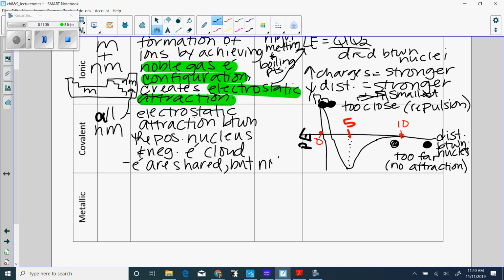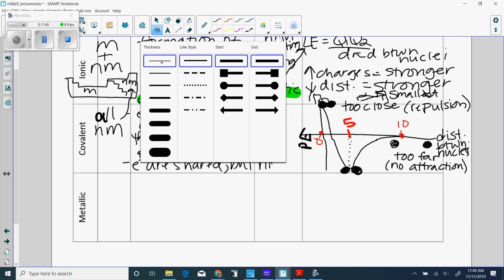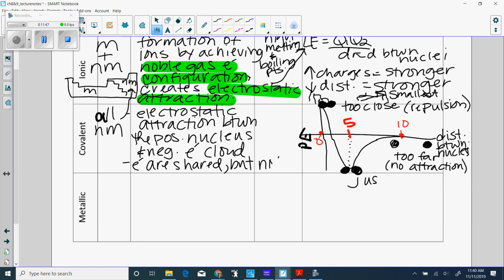Right here, where my potential energy is the lowest, that's just right. Just right means that the attraction, plus versus negative, versus the repulsion, because the electrons are repelling each other, is just the right distance to create a bond.